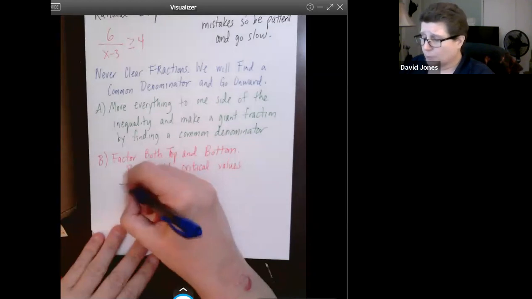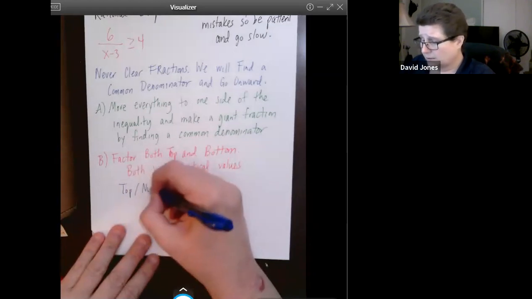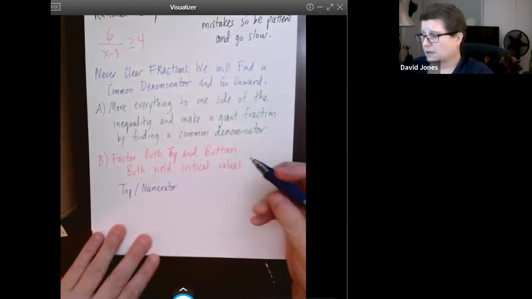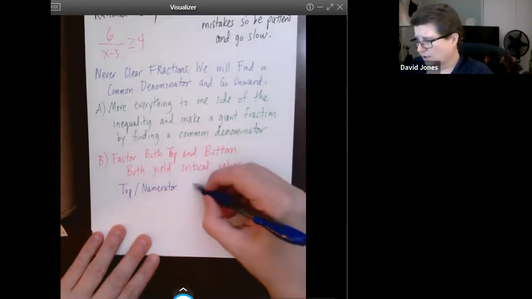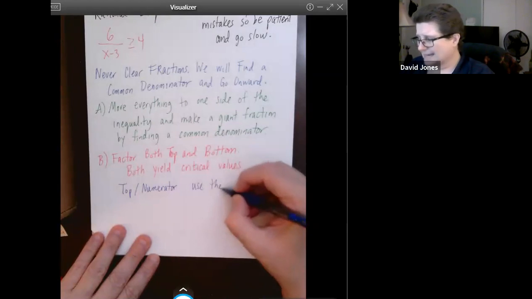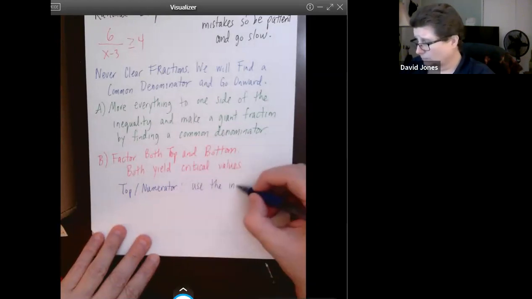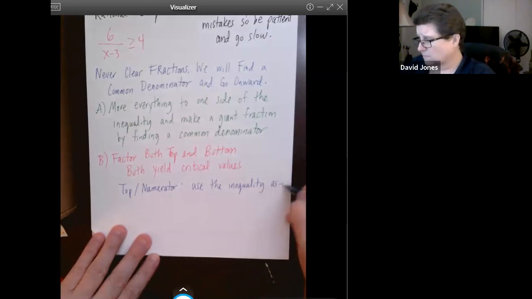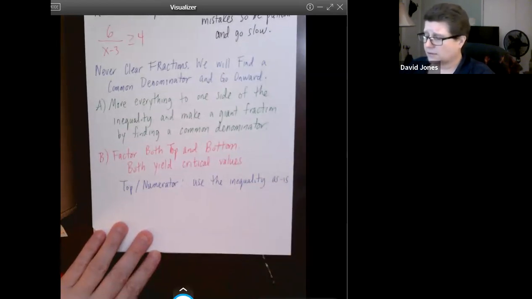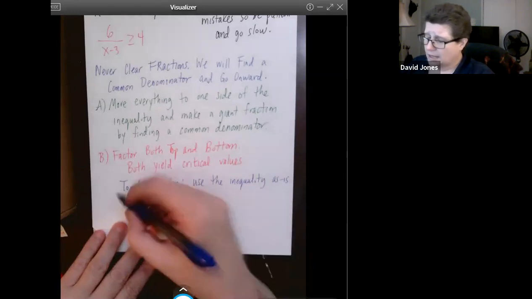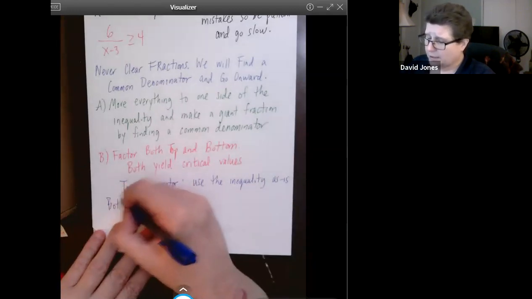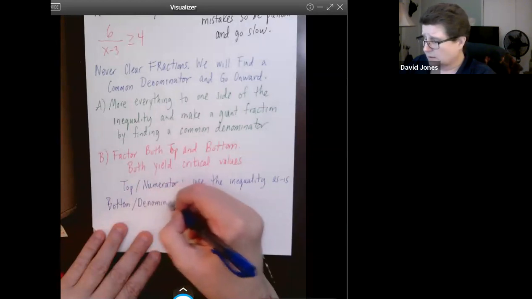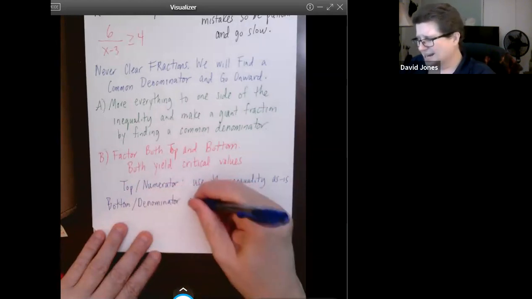The top, or numerator, use the inequality as is. And the bottom, or denominator, cannot equal 0.